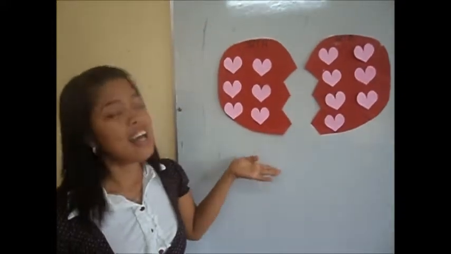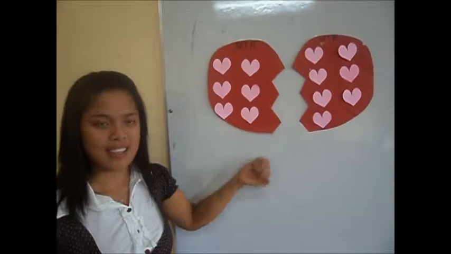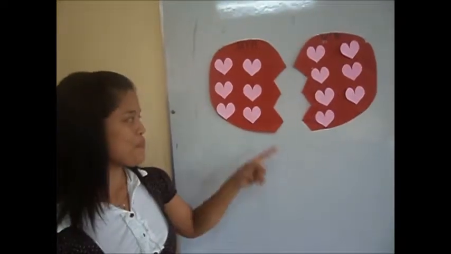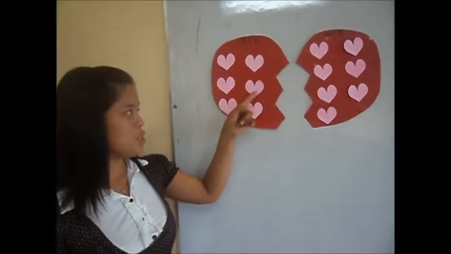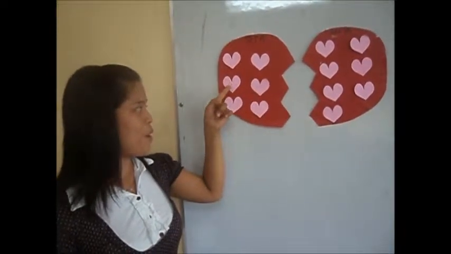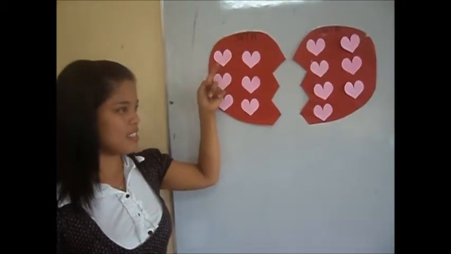Very good. There's a heart in this heart. But how many hearts in set A? Let's count. 1, 2, 3, 4, 5, 6. There are 6 hearts in set A.